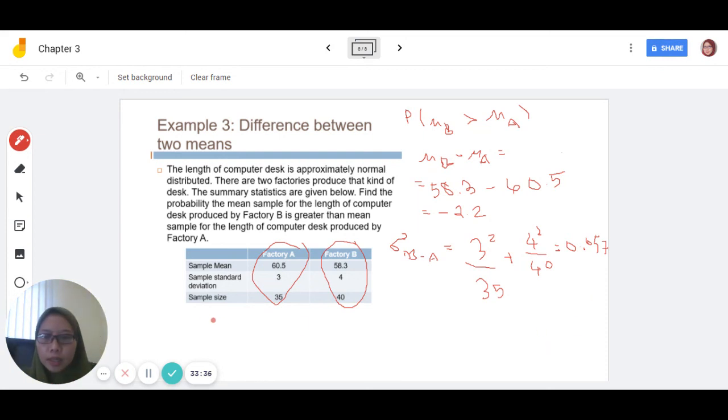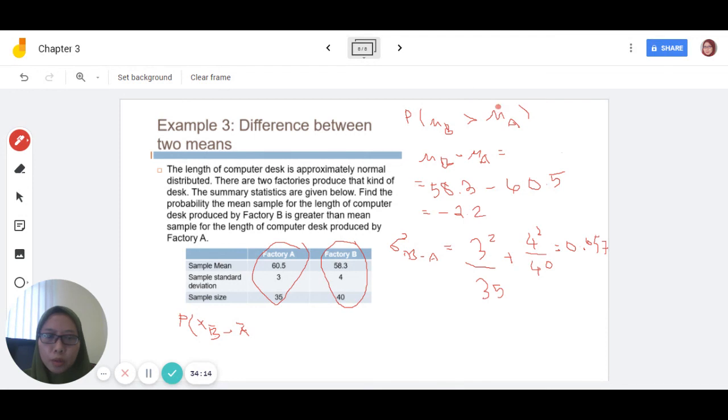And then you can get the probability for the difference of factory B minus A. We want to find the probability that B is greater than A, so X̄B is more than X̄A, which is equivalent to X̄B minus X̄A being more than 0.